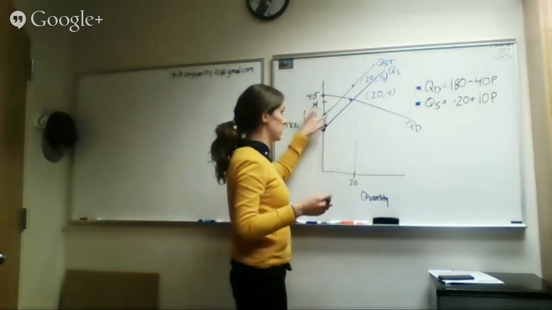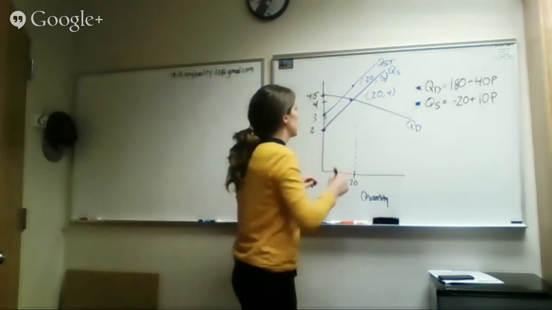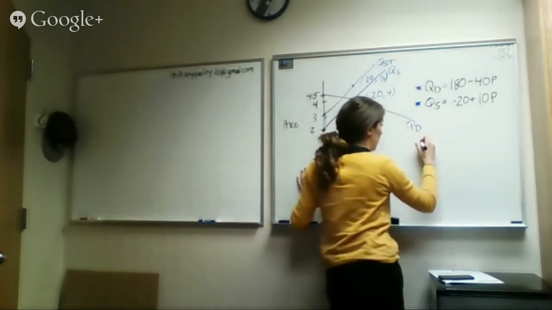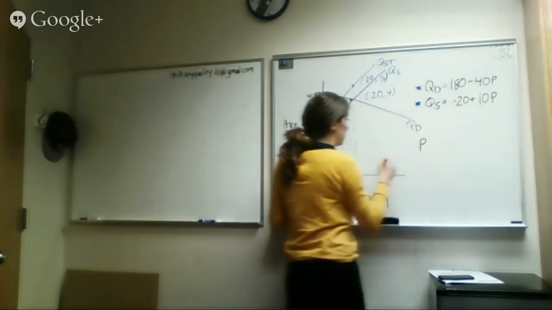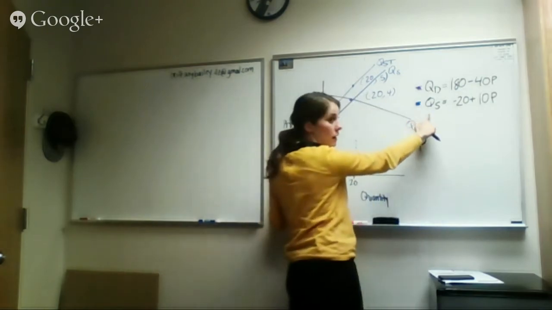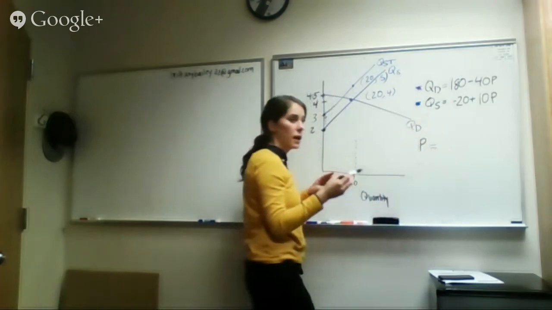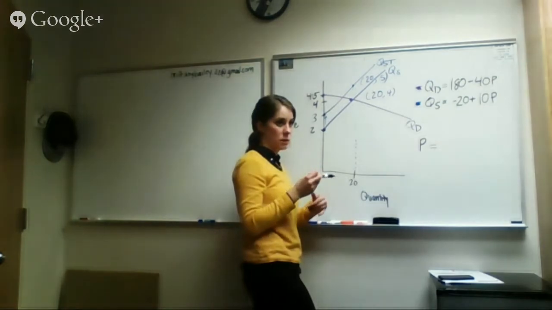How would you write the equation for this line? I can use y equals mx plus b, and then afterwards I can rearrange.